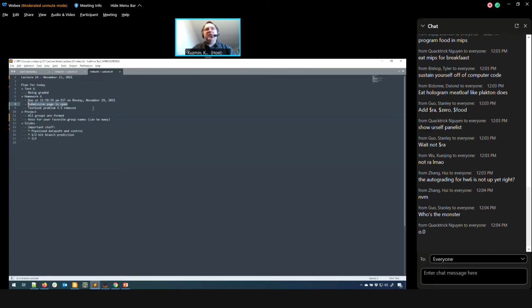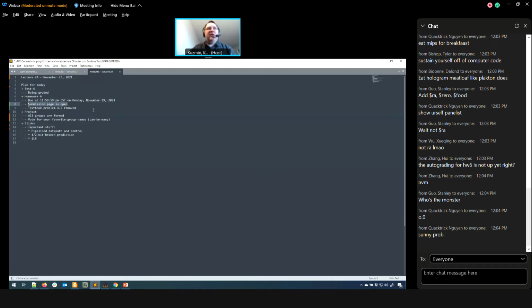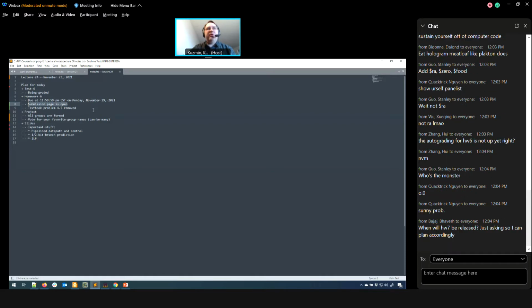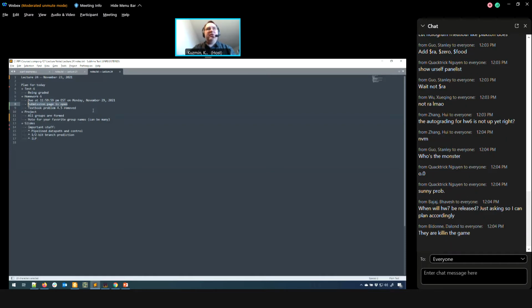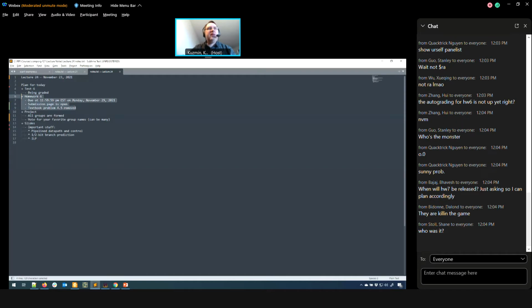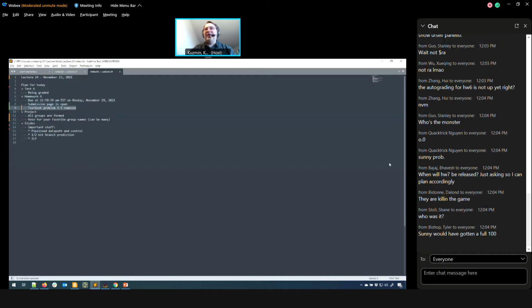It looks like there is some memory issue, and towards the end of the output, the program just starts to print garbage. That's probably something related to going beyond the string limits when printing a string, or something like that. All right, and textbook problem 4.5 removed. And so that's all about homework 6.